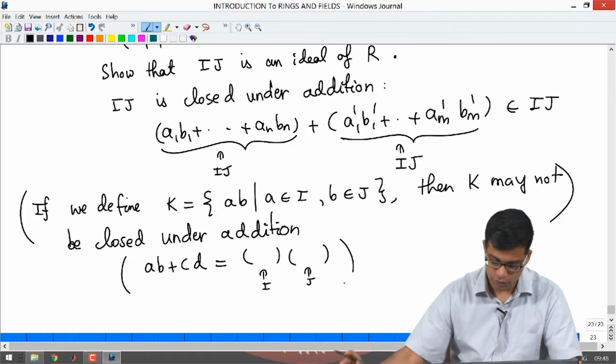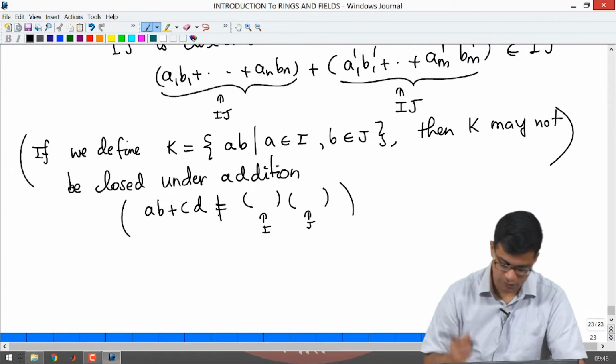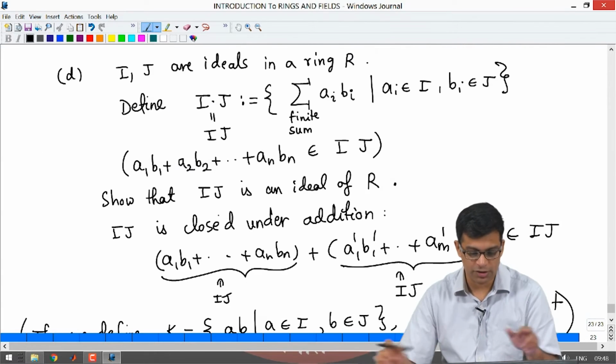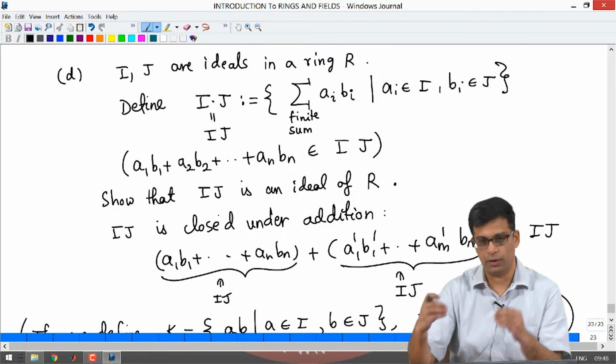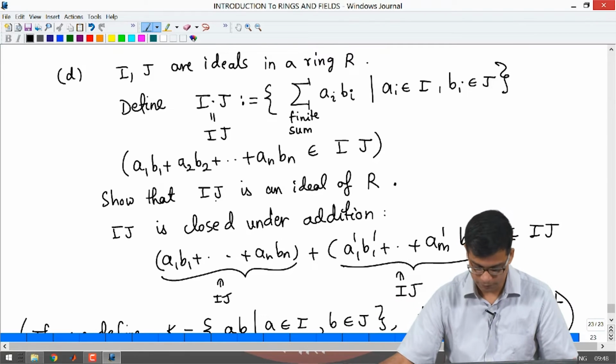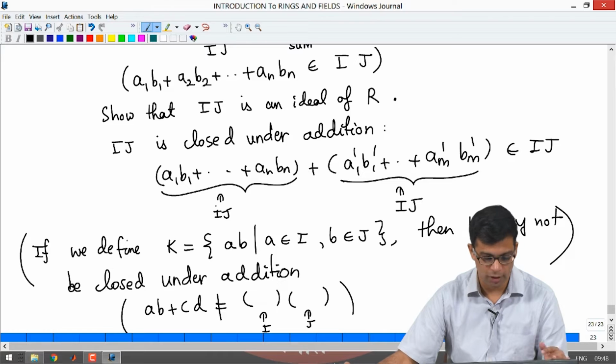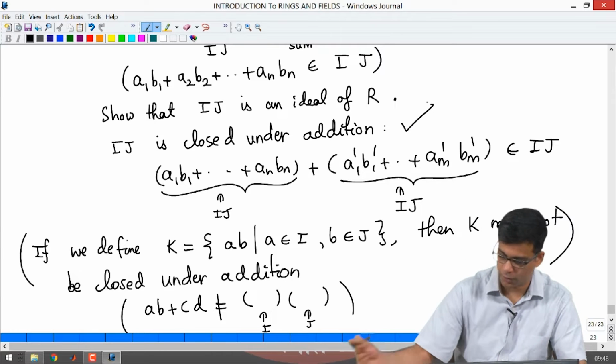So it is important to take not just a single ab, but ab plus a_1 b_1 plus a_2 b_2 plus a_3 b_3 and so on. Once you do that, closure under addition is a trivial property.